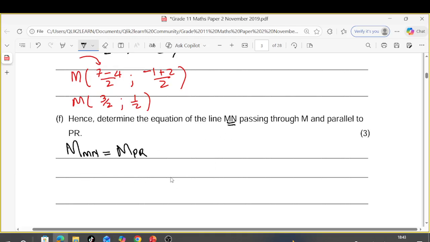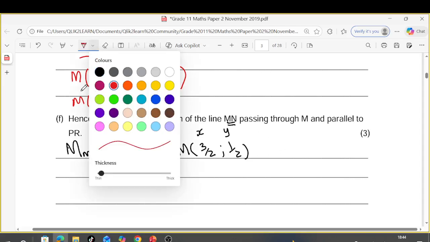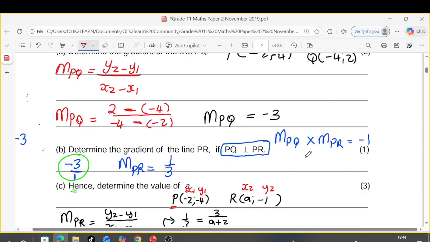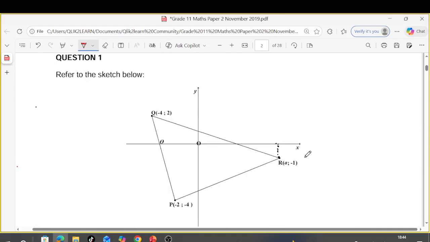So I'll say M is (3/2, 1/2). This is my x, this is my y. Let's go and draw that line MN that passes through M.